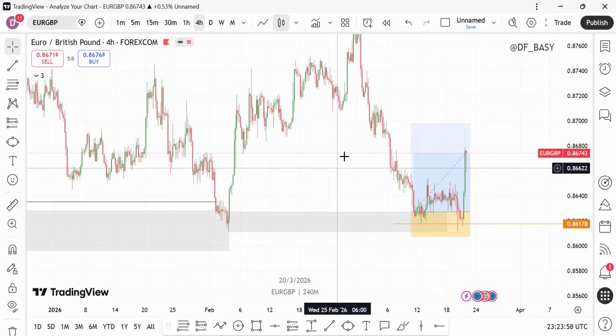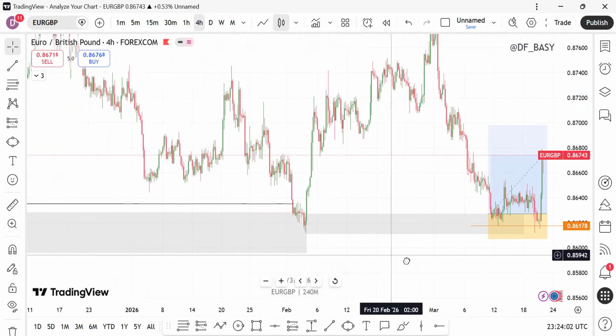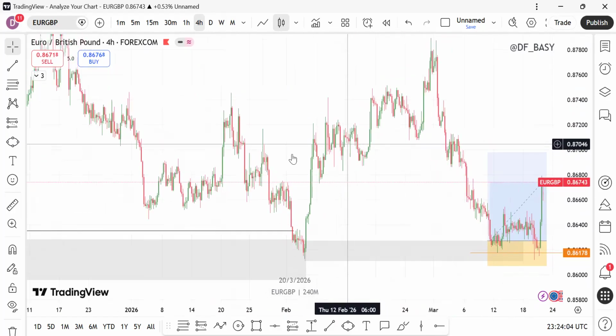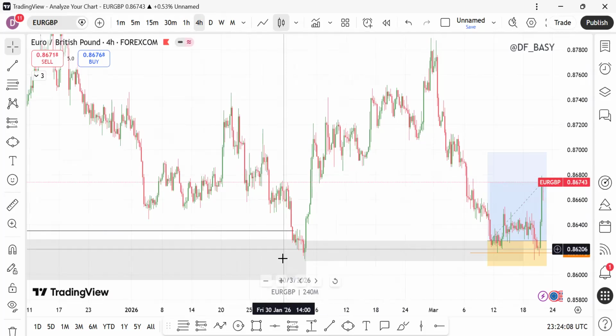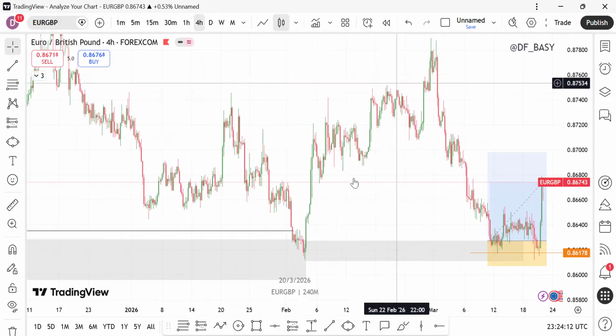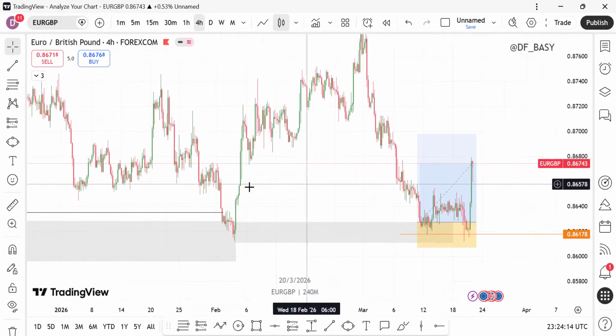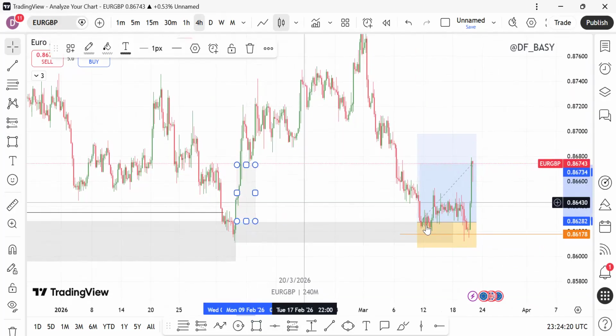So this is a clean technical analysis. I broke down from the monthly to the daily, still following all the rules I showed you, right? Marking out my order block, waiting for market to tap to the order block. Now there's no valid liquidity over here, but with this gap here, I knew that market wanted to fill this gap.